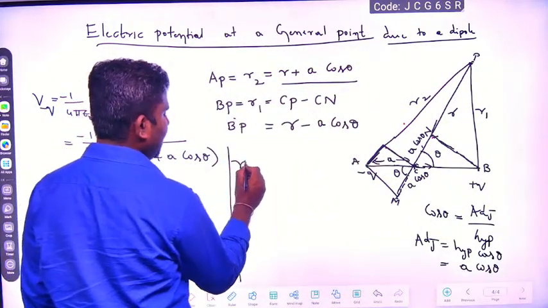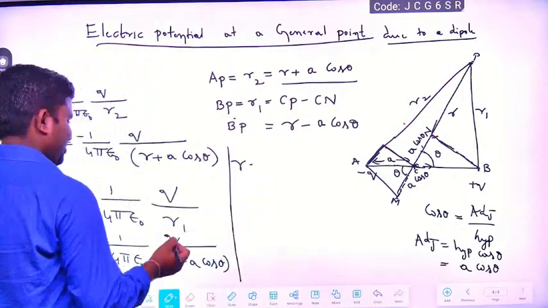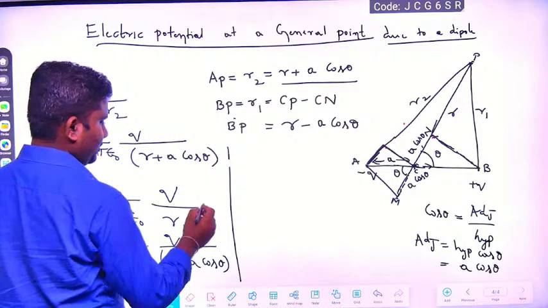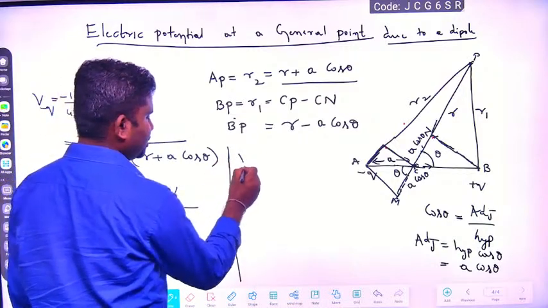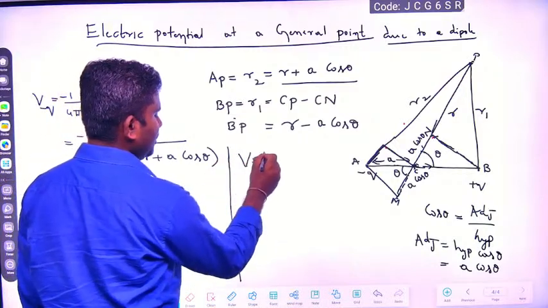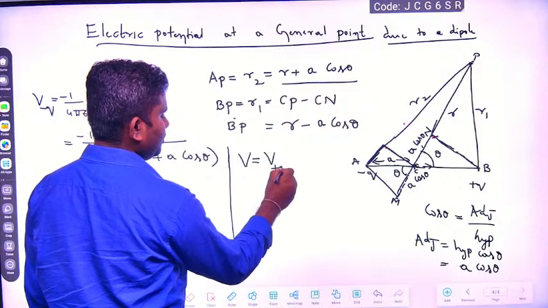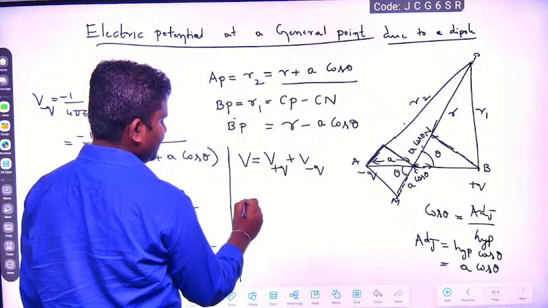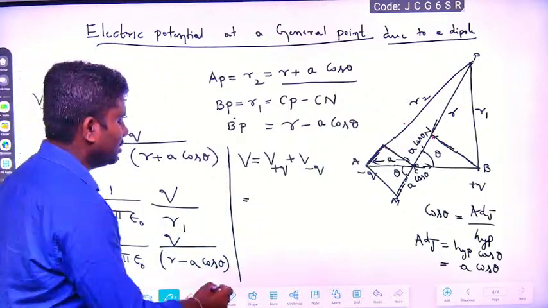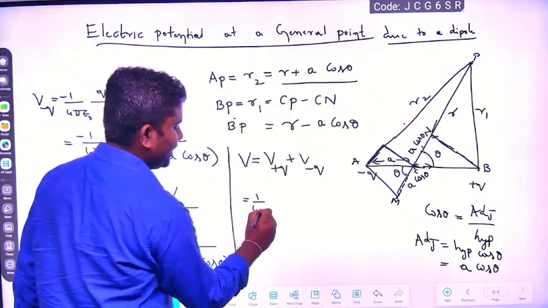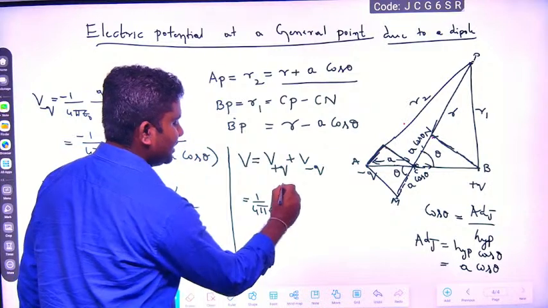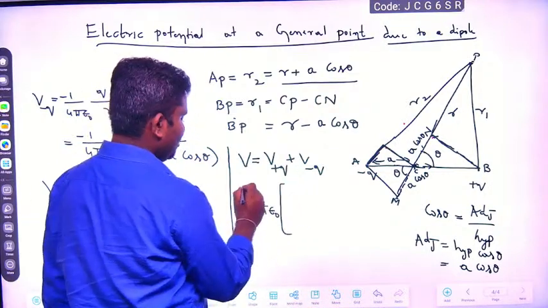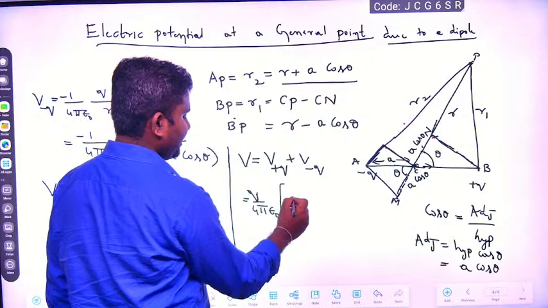So total potential V is equal to V plus Q plus V minus Q, or V minus Q plus V plus Q, which is, please combine, 1 by 4 pi epsilon naught you take common, both sides it is there, Q also you can take common, Q is also same, correct, no?